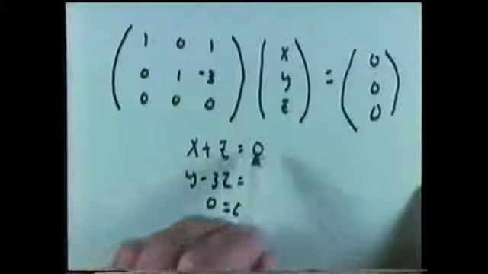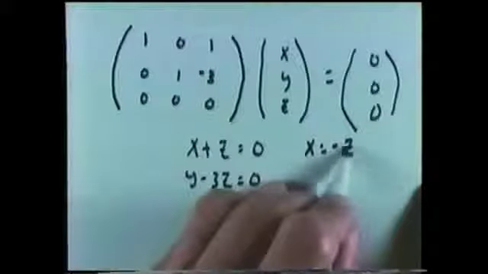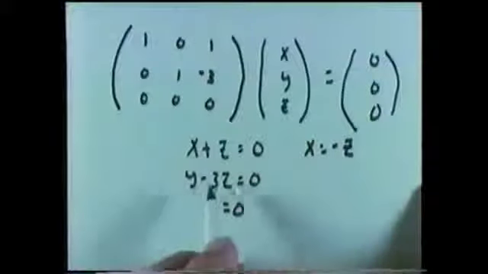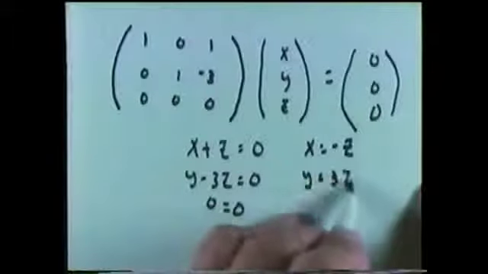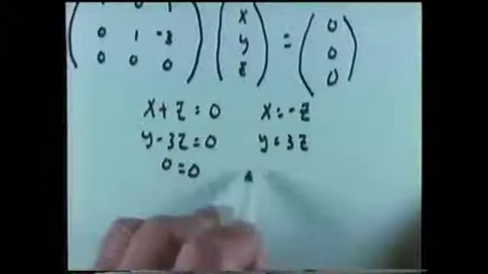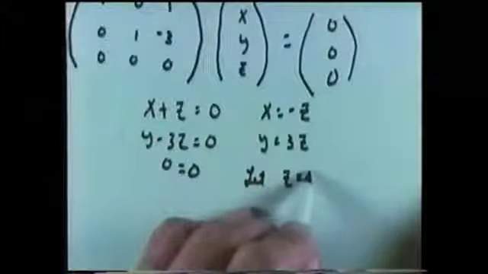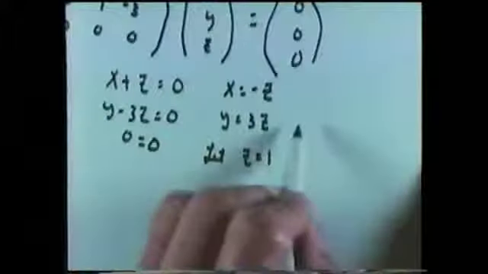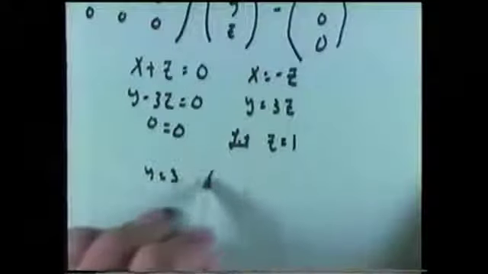Well, if x plus z is equal to 0, that means x is the opposite of z. If y minus 3z is equal to 0, that means y is 3z. So, if I let z equal to 1, then I would have y is equal to 3 and x is negative 1.